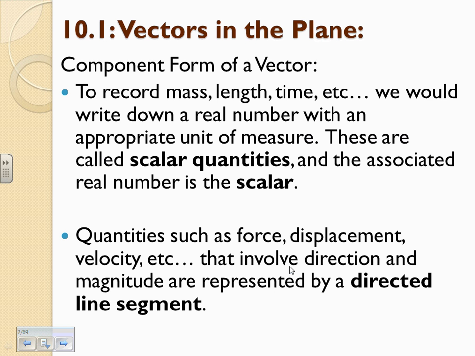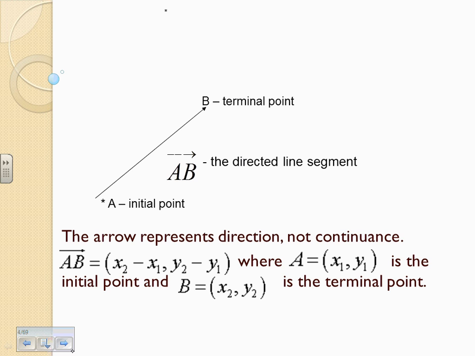Okay, so vectors need what? Direction, arrows, right? The arrows and magnitude. So when you have this vector, you have an initial point and a terminal point, and you draw your line through them.